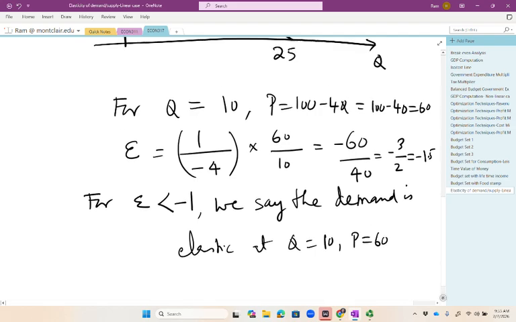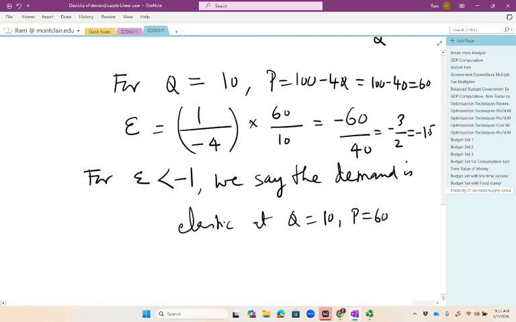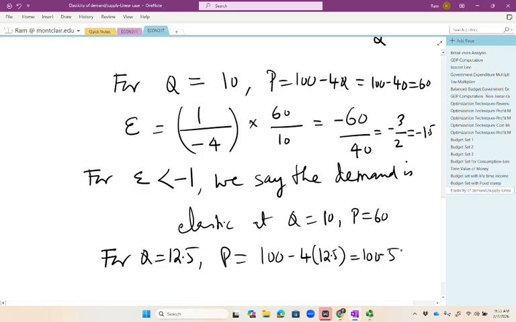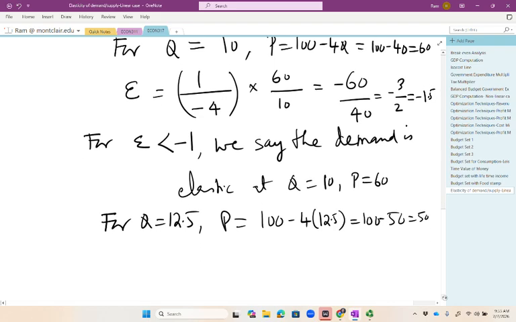Okay, I will do a pair of additional computations. So now let's take quantity to be 12.5. Then price is 100 minus 4 times 12.5, 100 minus 50 turns out to be 50. Okay, very good.